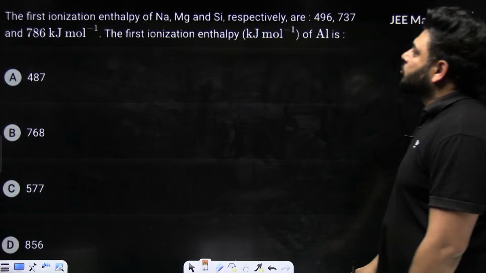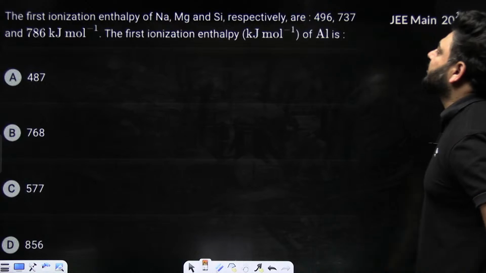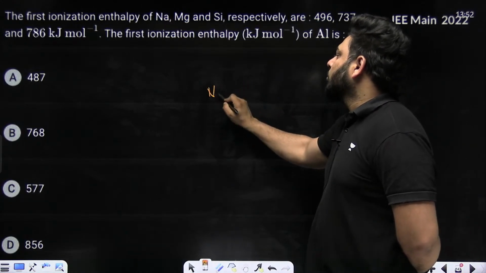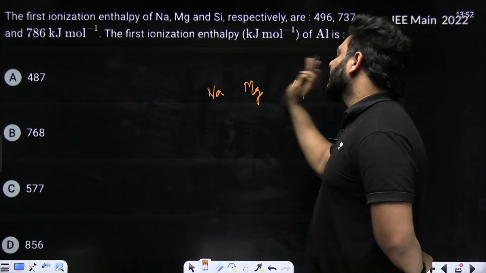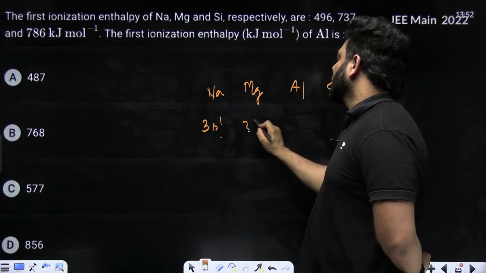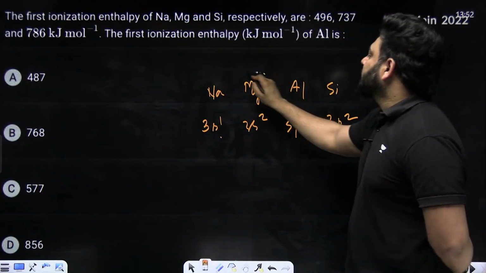Next question please. Sodium, magnesium, silicon respectively, they have ionization enthalpy like this. Then aluminium must have what? So we have C: sodium, magnesium, aluminium, silicon. Let us write the electronic configuration: 3s1, 3s2, 3s2 3p1, and this is 3p2. So we know that this is a stable configuration.